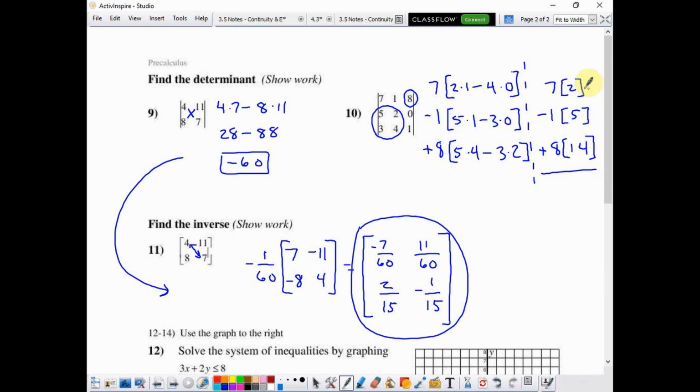So it's 7 times 2 minus 1 times 5 plus 8 times 14, which turns out to be 14 minus 5 plus 112, which is 121.